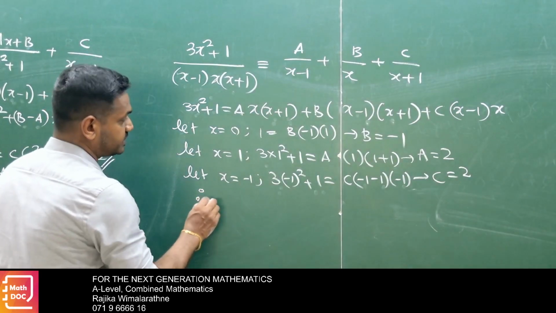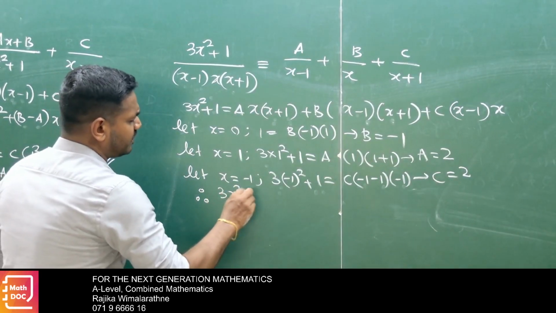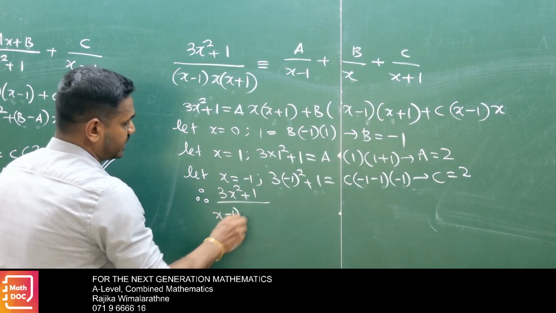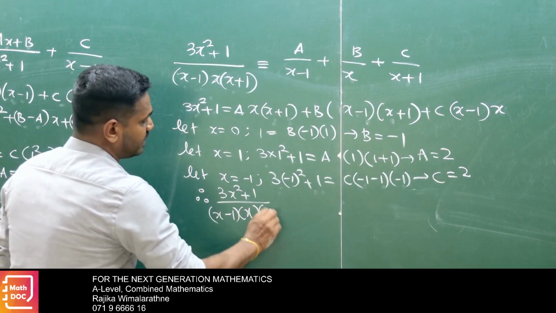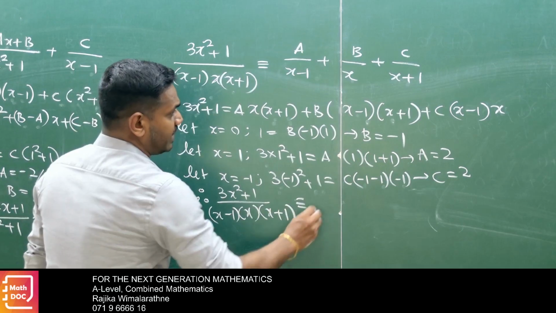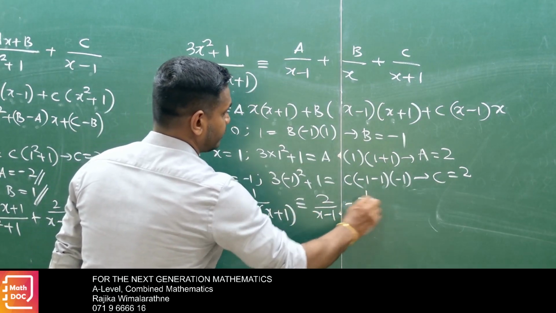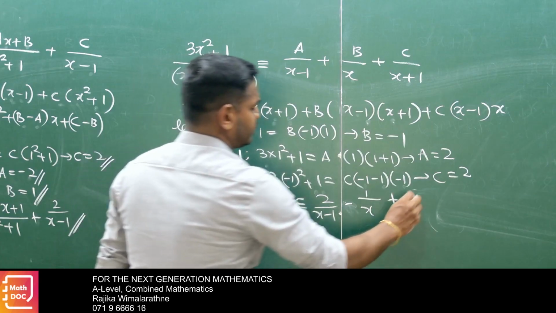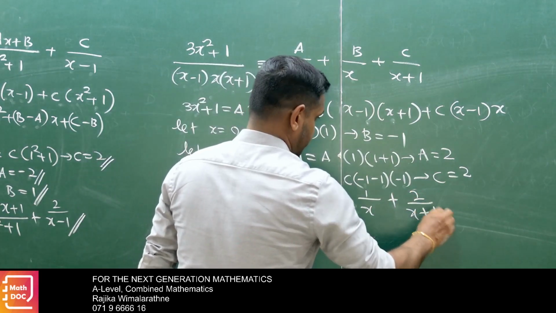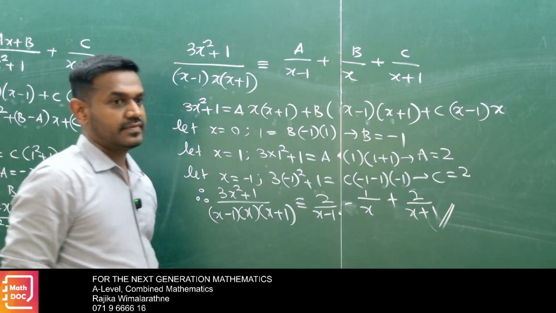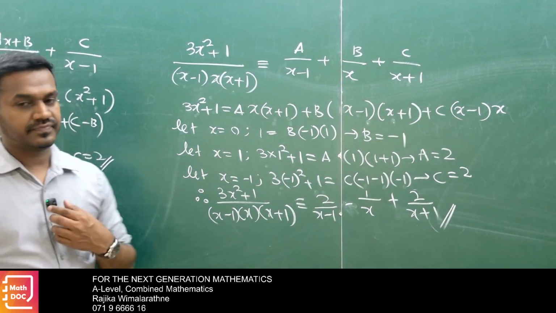Therefore, the partial fractions of 3x squared plus 1 over (x minus 1) times x times (x plus 1): A value 2, B value minus 1, C value 2. Complete.